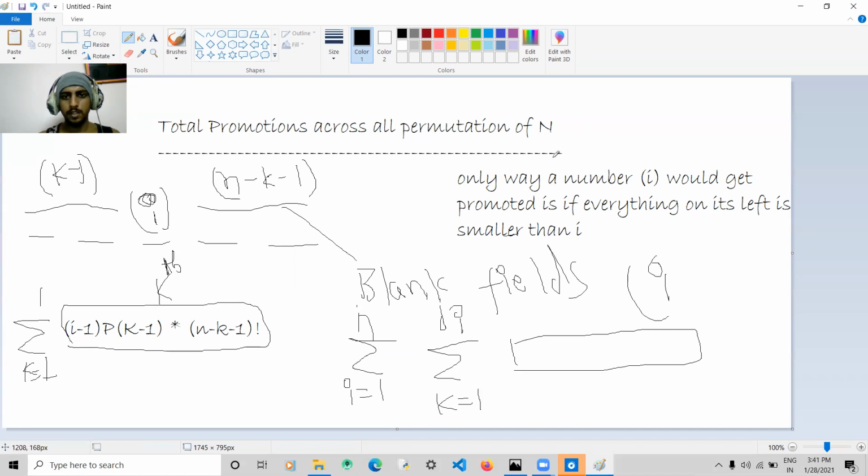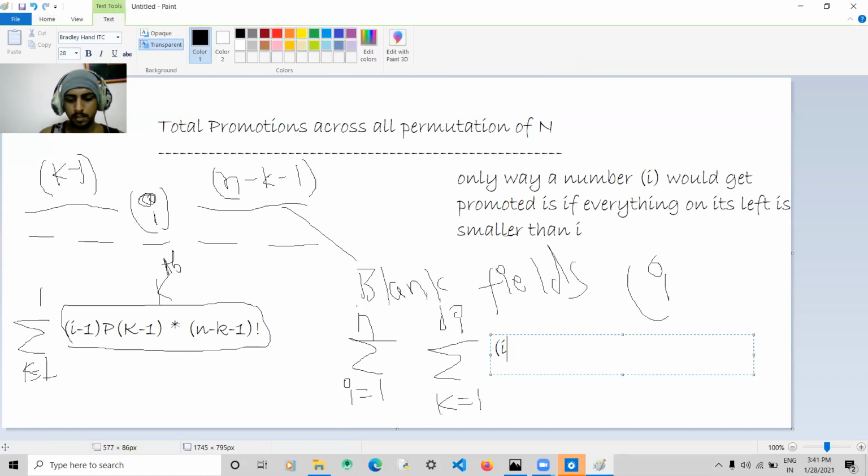So for n equals to 3, let me just write it there. It's not i minus 1 p k minus 1 into n minus k minus 1.